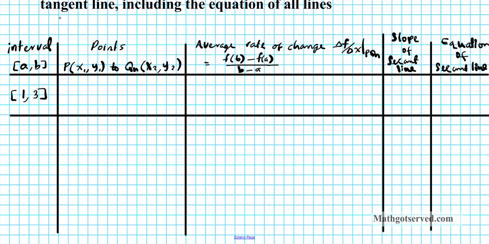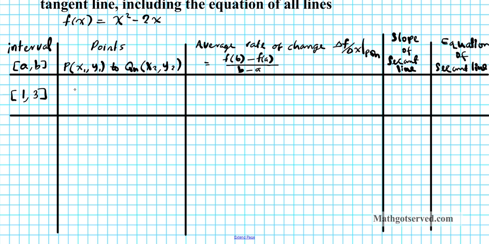Let's rewrite the function here so that we can easily generate our output values. The original function f of x was x squared minus 2x. Okay, so the original P, x1, y1, is what you get when you plug in 1.